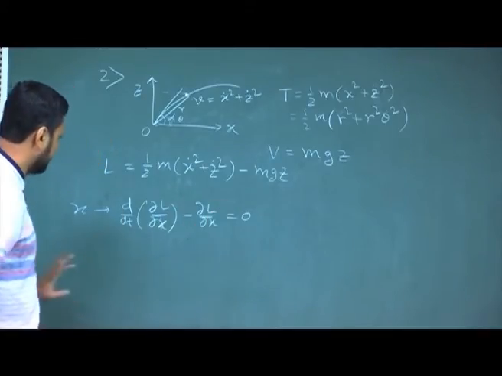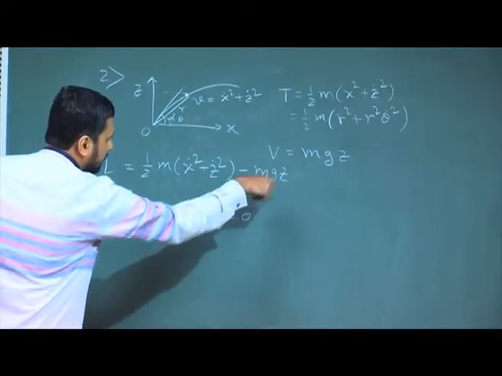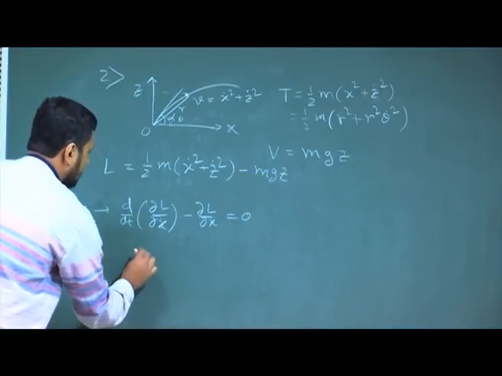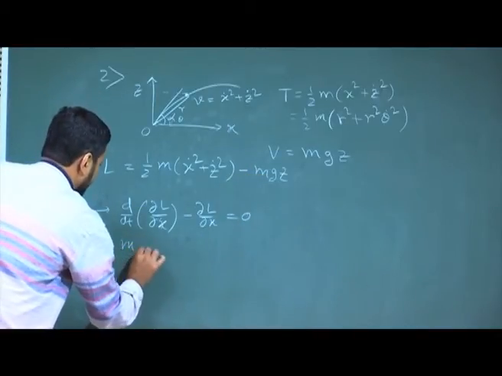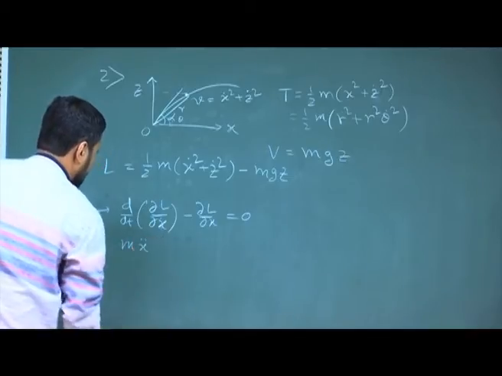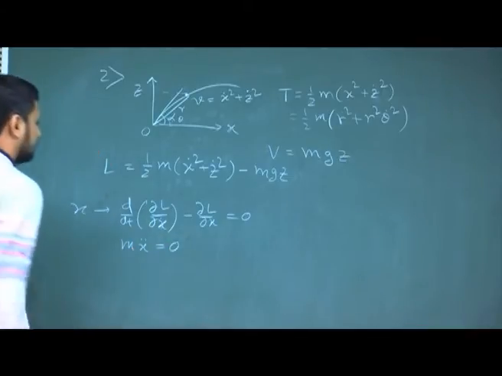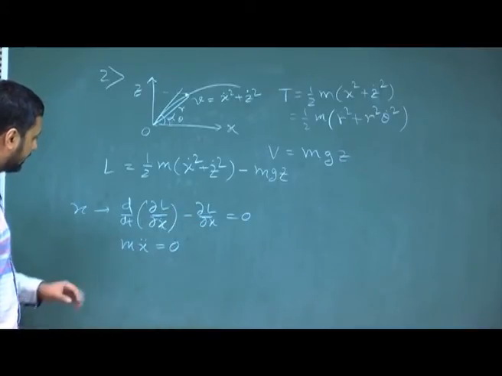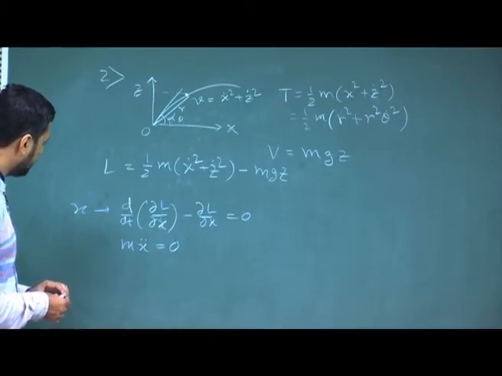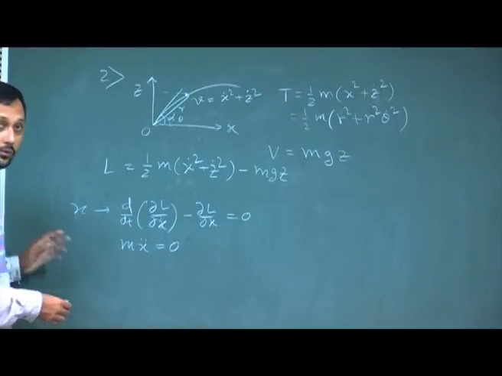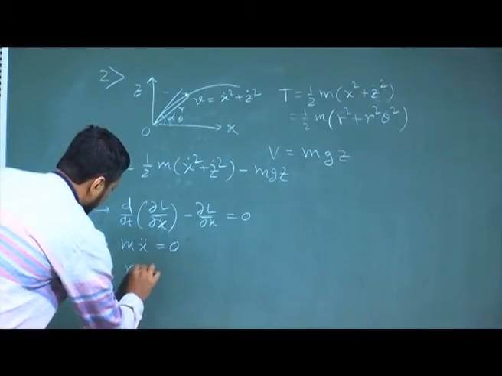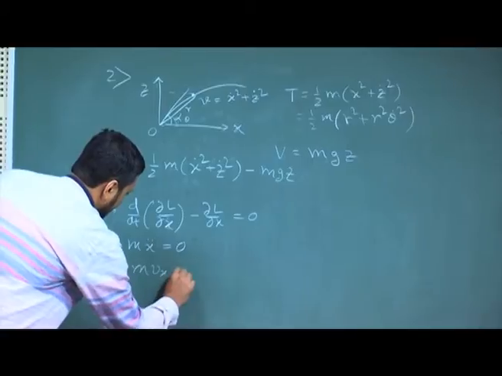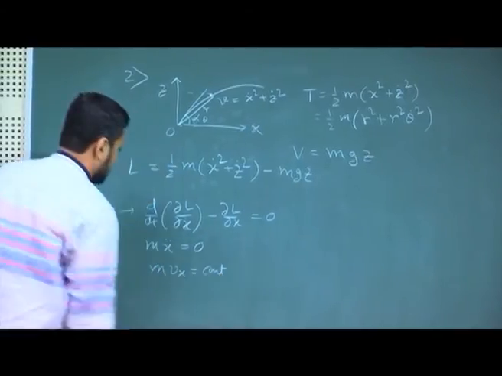So, right now we have a 0 here. If we do that, we have m x double dot equal to 0, which means m v x equals a constant.